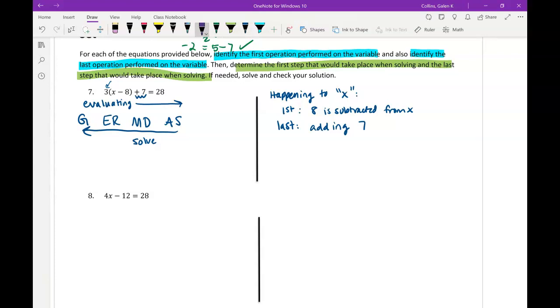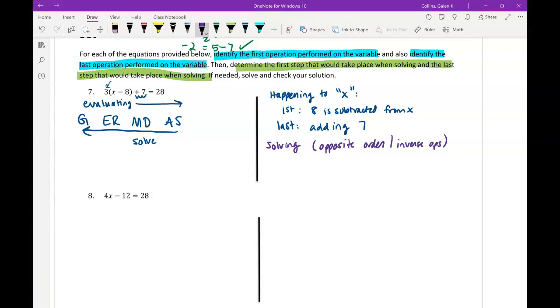What the second part of the directions are asking us to do is determine the first step that would take place when solving and the last step that would take place. So the idea here is that we could really do it from the information we just wrote down. We know that when we solve equations, we solve using the opposite order. So I start with addition or subtraction, and I use inverse operations.